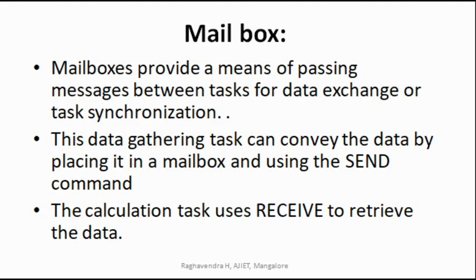That's why first the gathering task will receive all the data, put it in the mailbox and send it. The data consuming task calls receive to check whether there is new data in the mailbox. If not, receive calls pause to allow other tasks to execute while the consuming task is waiting for the new data. If there is no new data, it will keep on checking the mailbox.